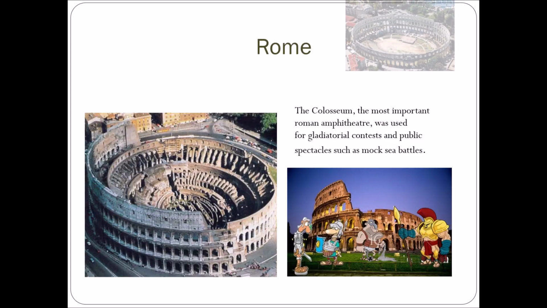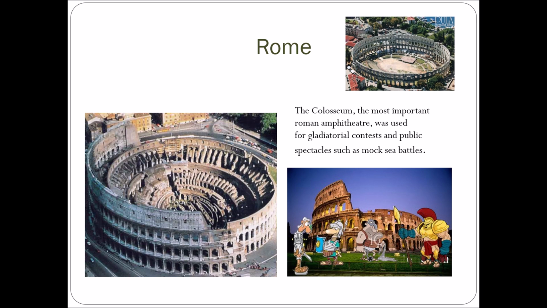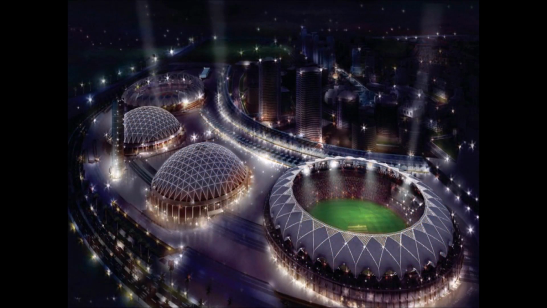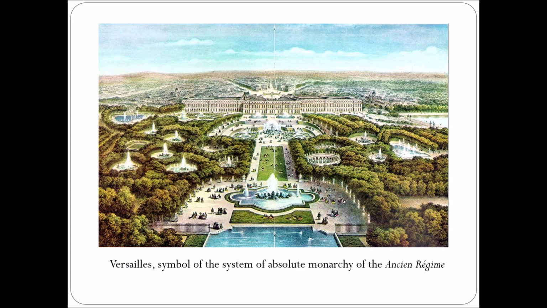And in the Roman Empire, the Colosseum was made by geometric calculation, and it became the inspiration for the modern stadium now. The Taj Mahal, a mausoleum in India, is a reflection of symmetry. Versailles.